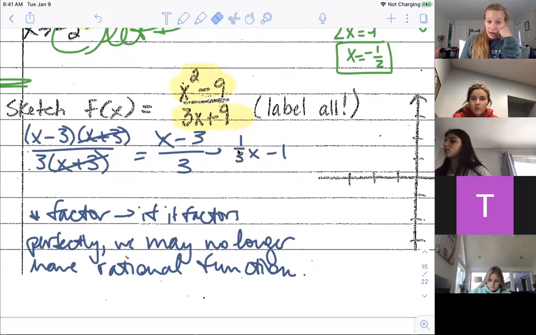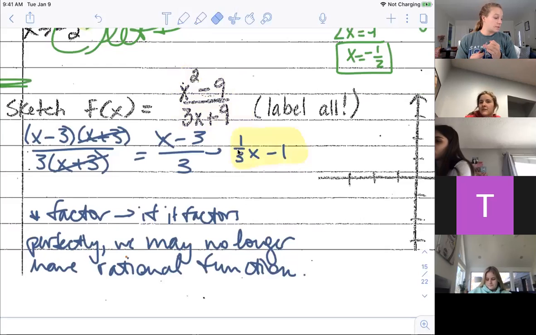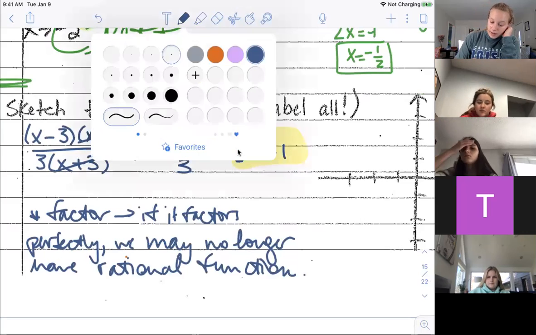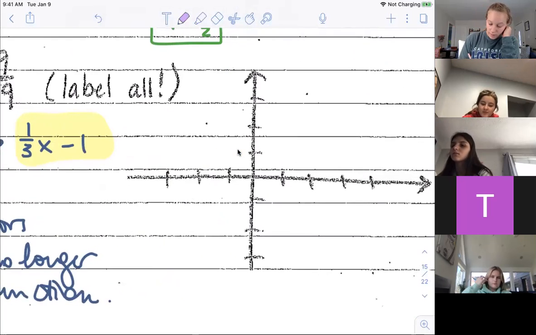And so I'm going to graph this line, not the rational function, because when I factored it down, there is no asymptote. It's just different than what we're used to. So let's go graph this over on our picture. I've got 1/3 x minus 1. So we're going to go to -1 on my y-axis, excuse me.